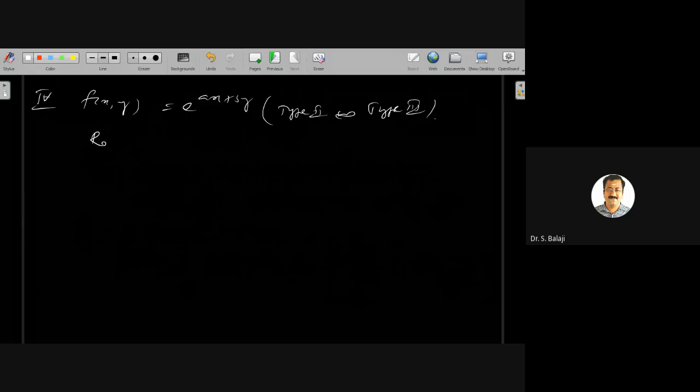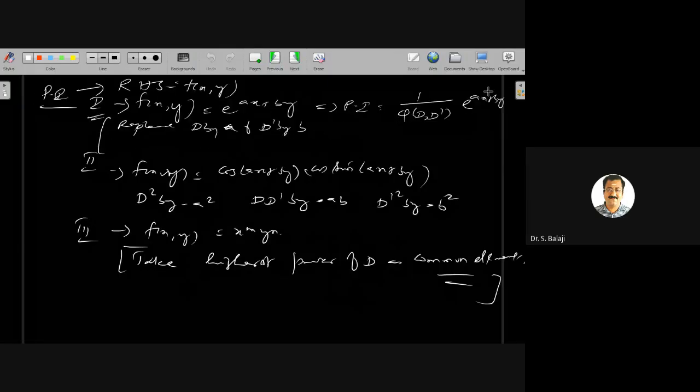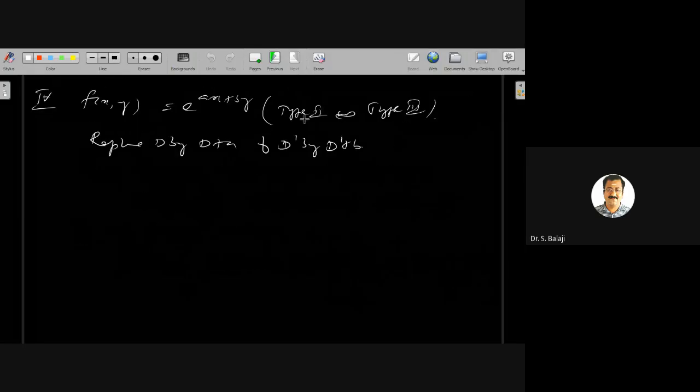For that, you have to replace D by D plus a, D dash by D dash plus b. Very important: simply exponential only means directly replace D by a, D dash by b. In the case of a product, you have to replace D by D plus a, D dash by D dash plus b. That is very important.